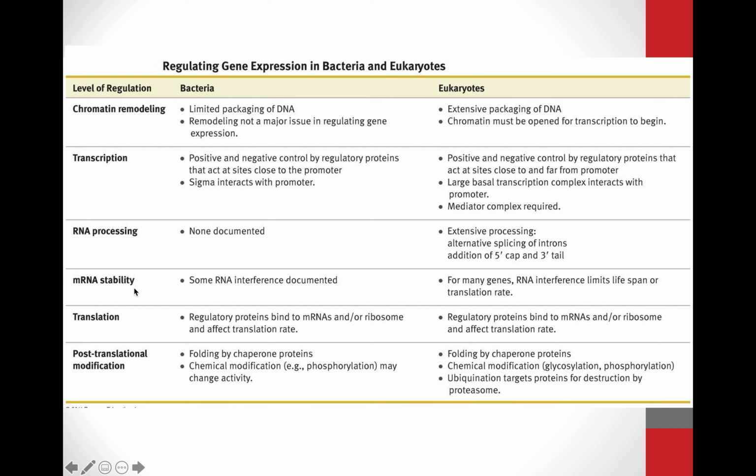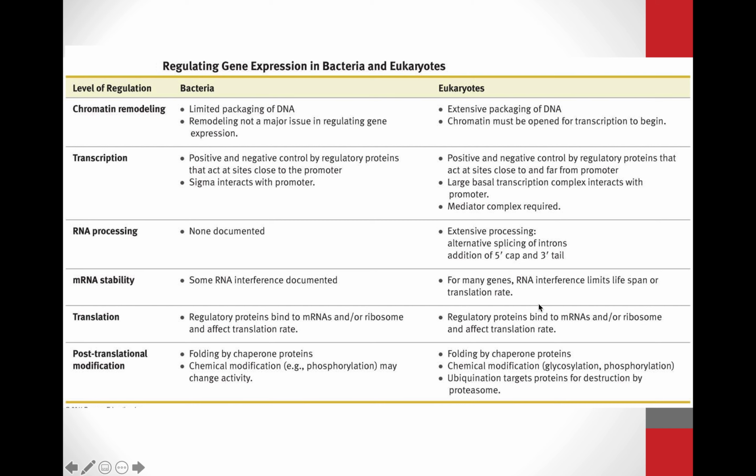For mRNA stability, some RNA for prokaryote are documented, but for eukaryote, RNA interference limits lifespan or the translation rate, and most of the time it would play havoc with the translation process and the protein produced. For the translation process, generally in prokaryote, regulatory proteins bind to mRNA and or ribosomes and affect the translation rate.